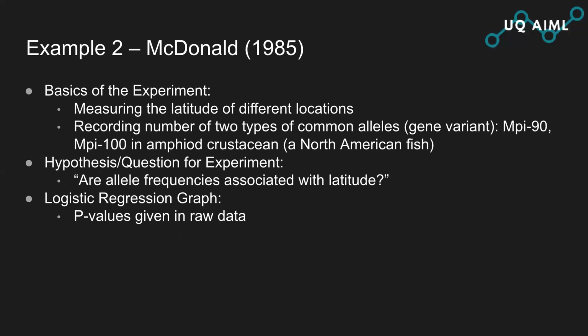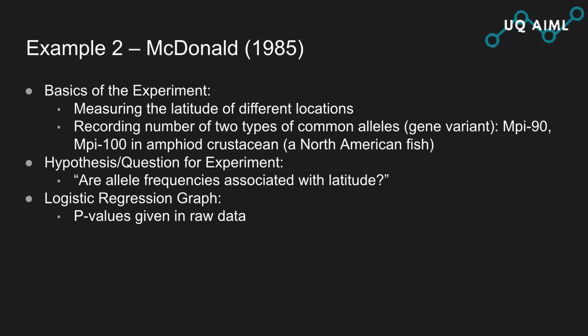This experiment was also done by this researcher. I'll skip over to the question, which is about allele frequencies, the biological gene variants in fish and other animals: are they associated with latitude or not?